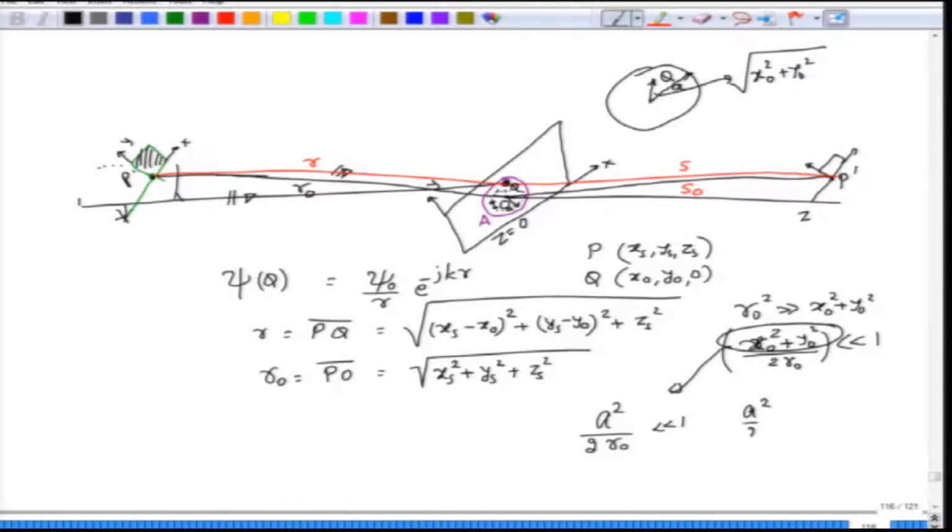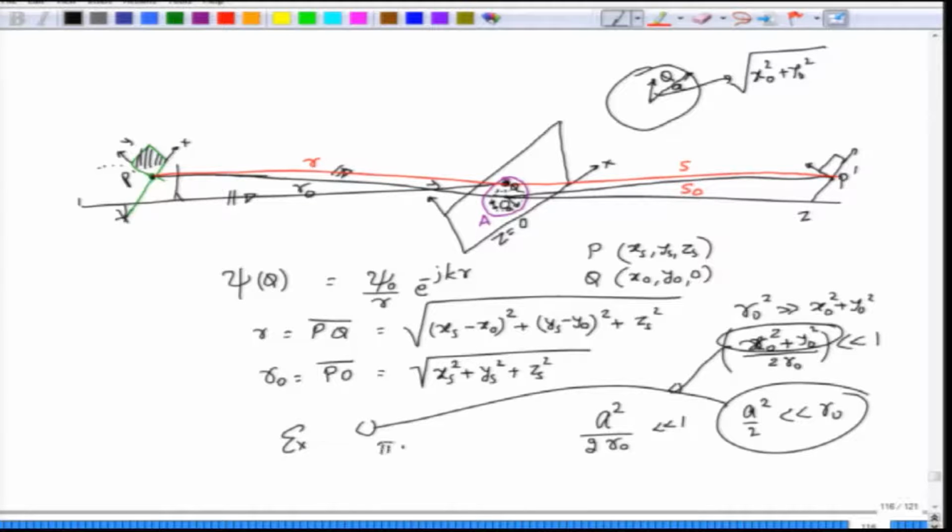So, a square by 2 is much less than r0. This is the condition that we actually had. Of course, there is a factor of lambda involved. What I will do is give you the correct expression. The correct expression is pi a square by lambda is considered to be much smaller than the distance. Instead of r0, we have to of course consider the s0, because r0 is usually considered to be so far away that we assume this is a plane wave.